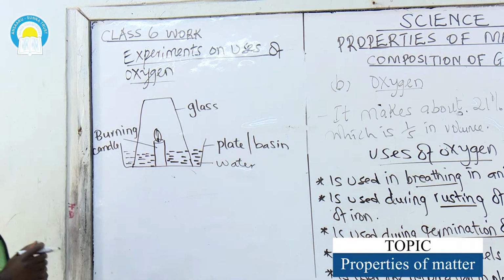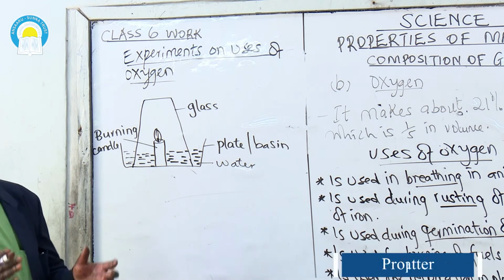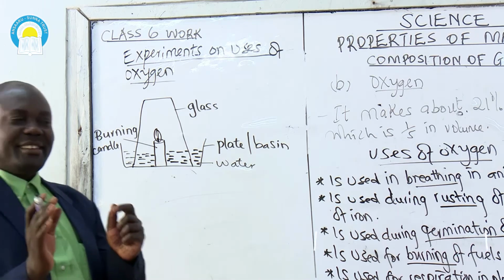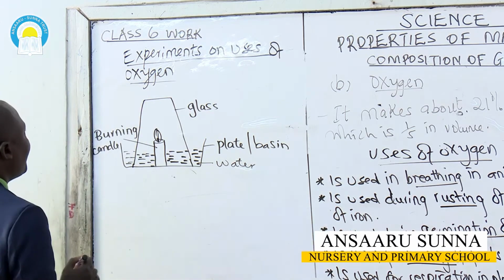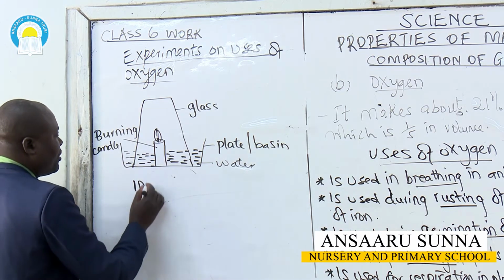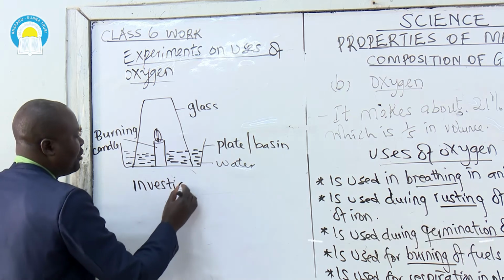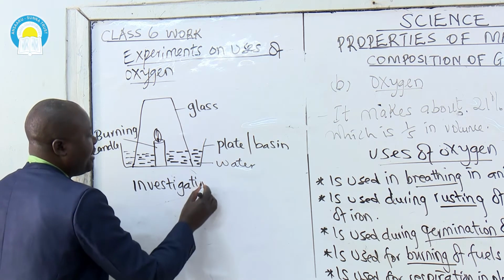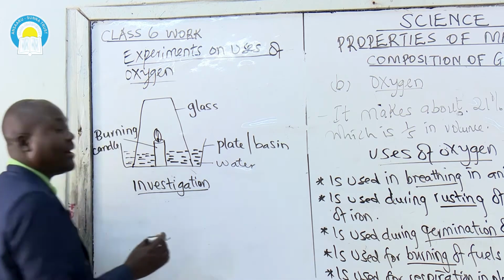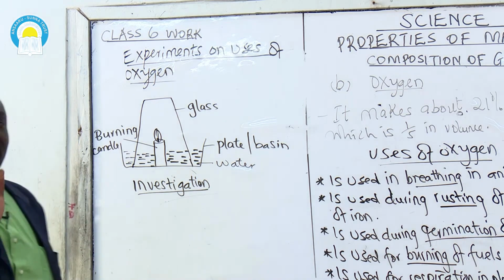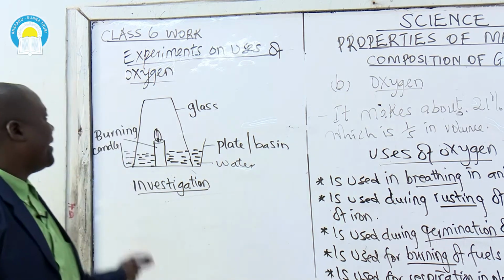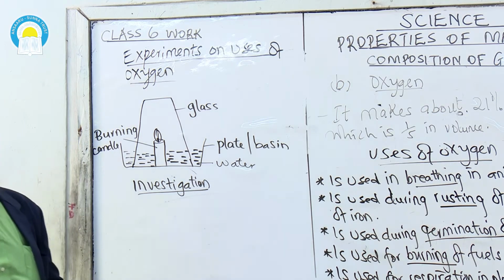Now, first question they may ask you, what were the learners demonstrating? That's what we call investigation or finding out. Be aware as a science learner, when you have a question on an experiment, we usually have 3 questions.